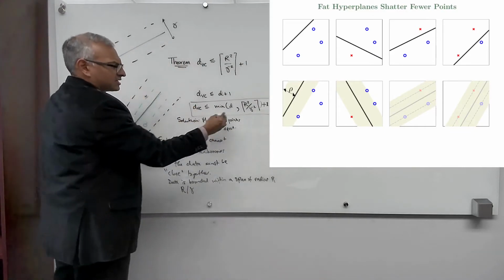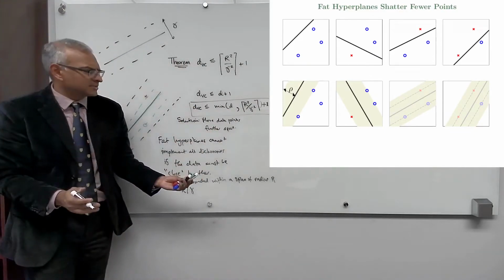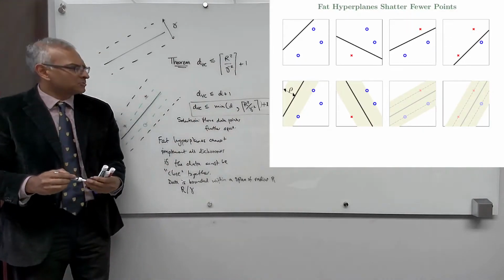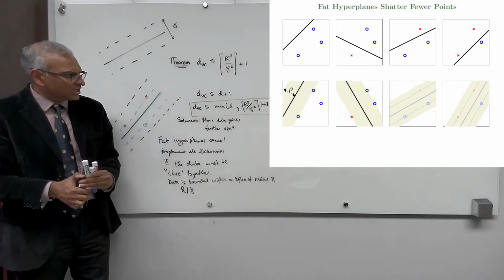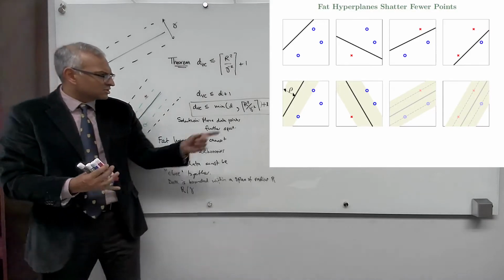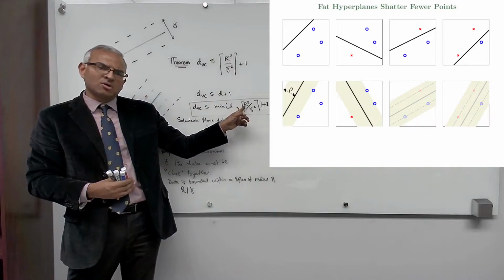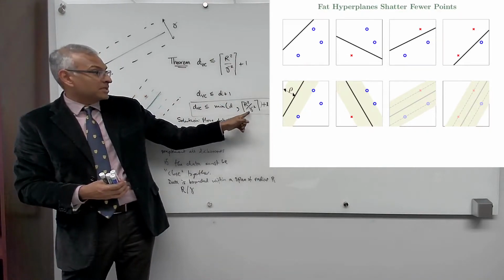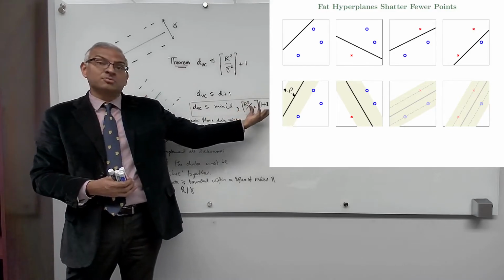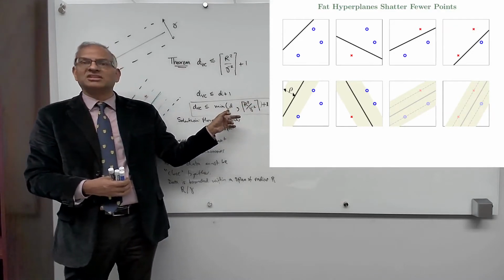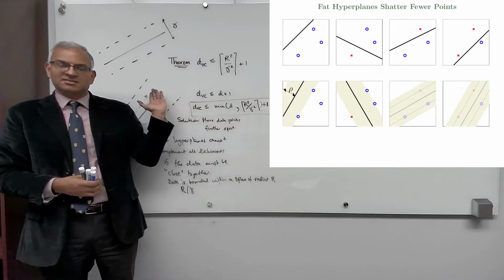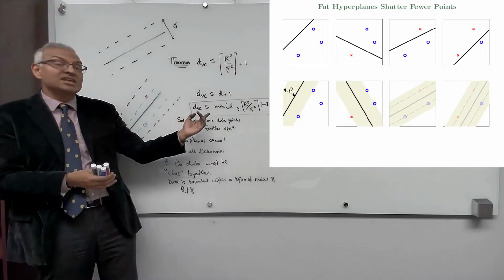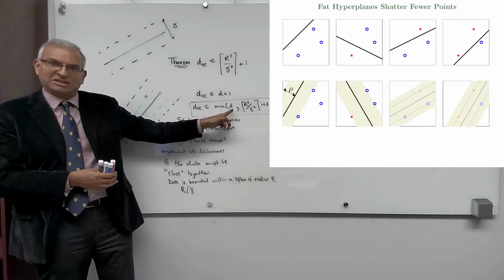What this says is that if you have fat enough hyperplanes and your data is bounded, then your VC dimension can be very small. And observe that when your data is bounded by a smaller and smaller radius, then fatter and fatter hyperplanes can have a VC dimension approaching a constant independent of the dimension. So this suggests that it's possible with fat hyperplanes to get generalization even in large dimensions.